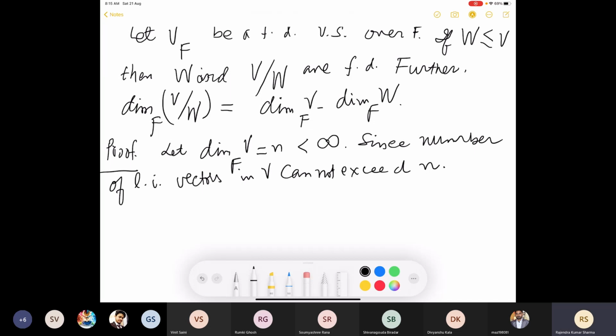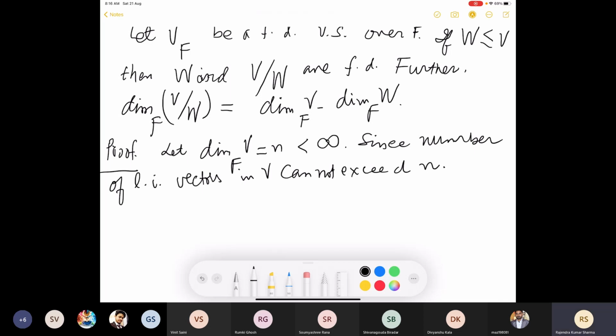So in particular, if there is a number which is more than n, then it cannot exist. So let us take that. What we want to prove is that V, if its dimension is n, and W is a subspace of V, then the dimension of W, first of all, cannot exceed n. And in that case, naturally, this will be a finite dimensional vector space.